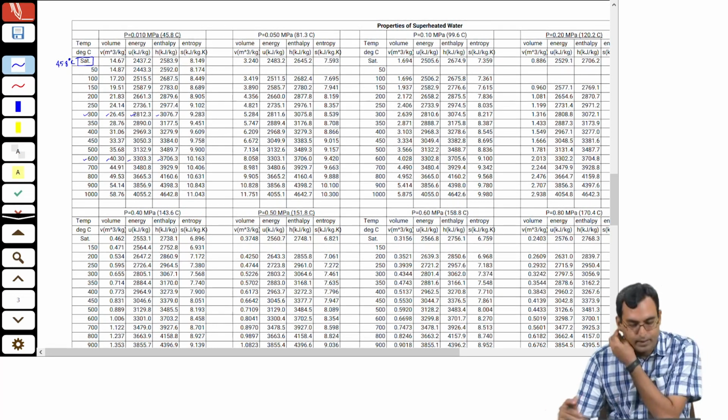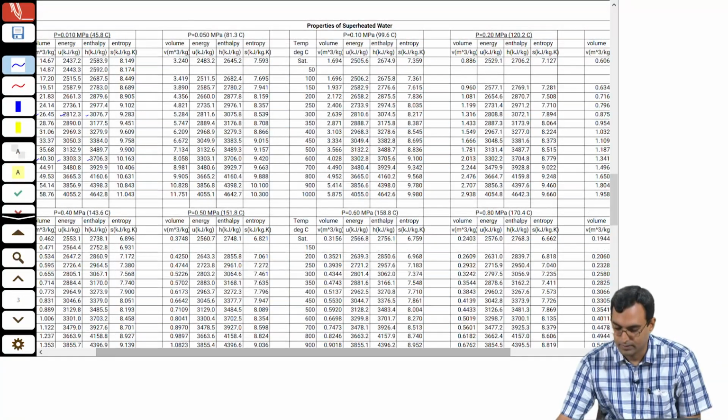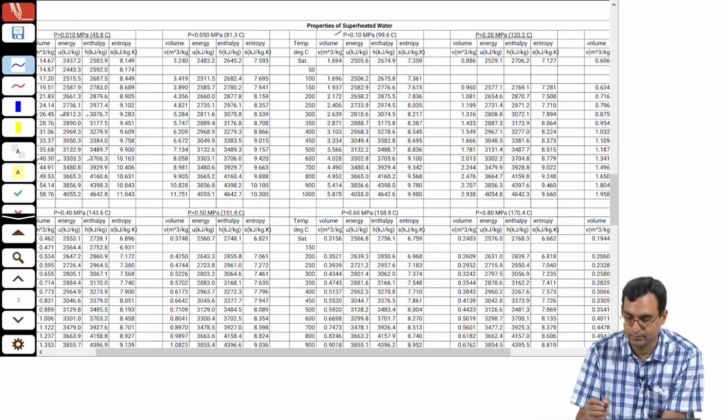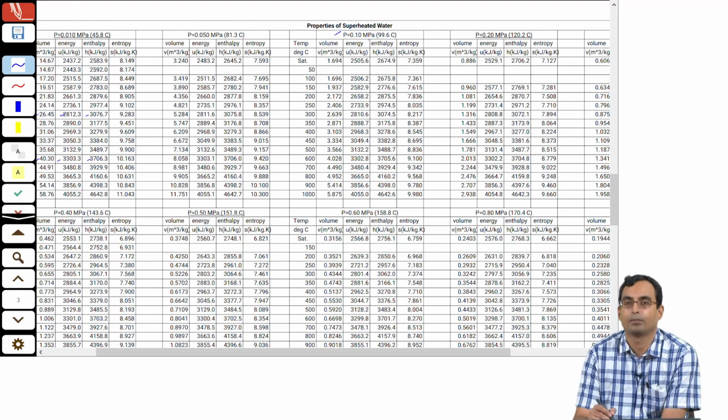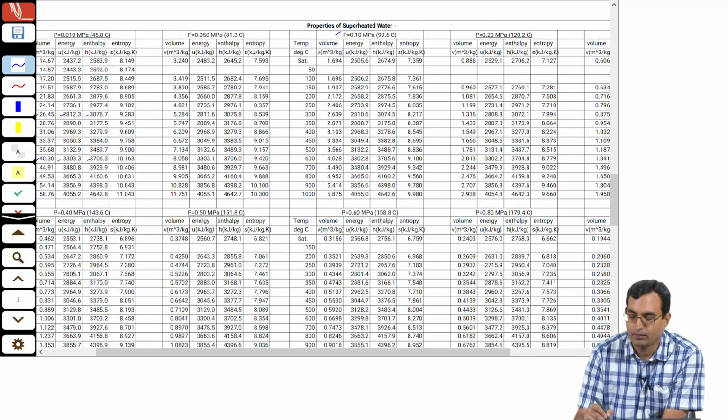Similarly, if I go to some other table, let us say I go on to this, let me see for example this table over here. Over here the pressure is 0.1 megapascal, which is 1 bar. The corresponding boiling point is 99.6 degrees centigrade.